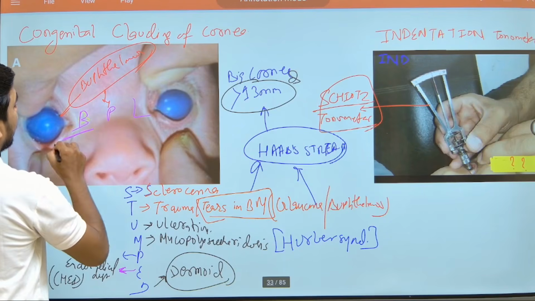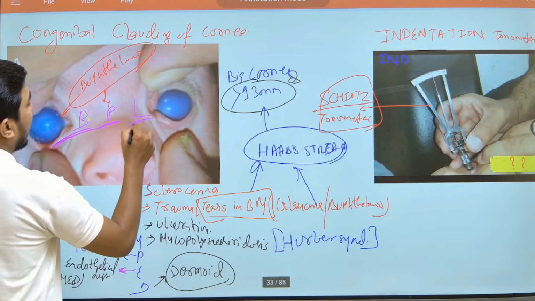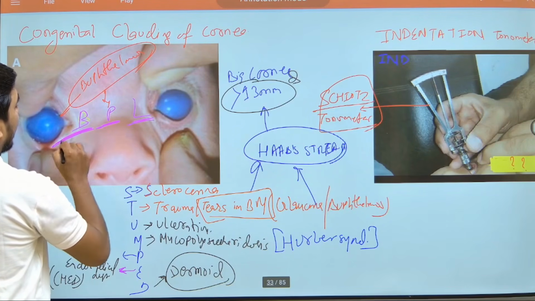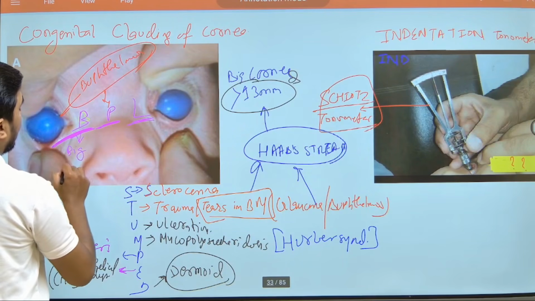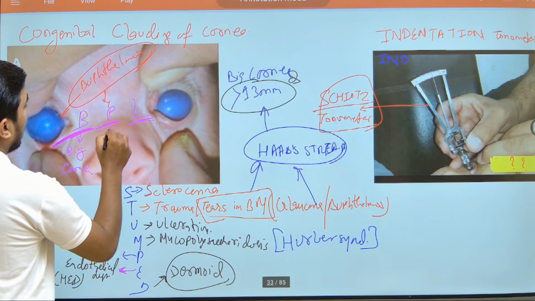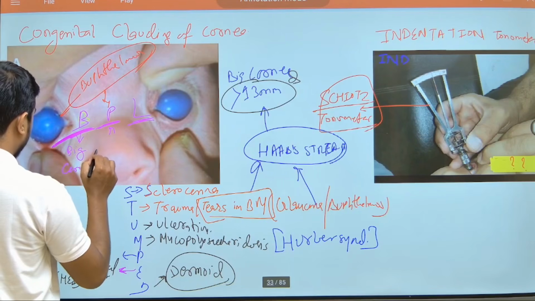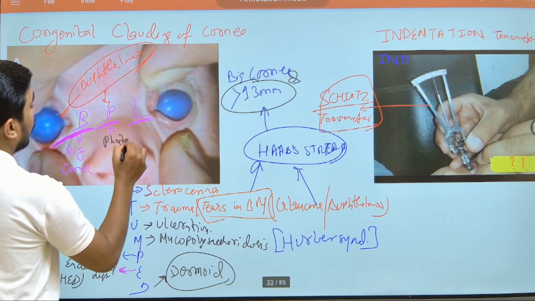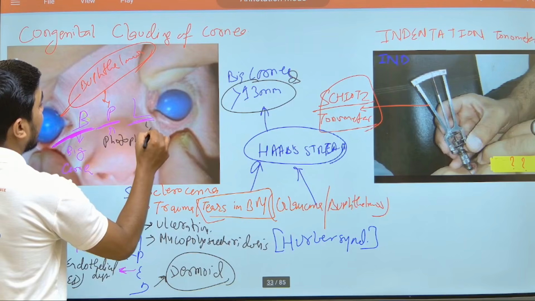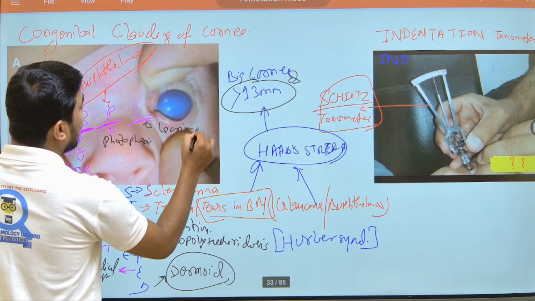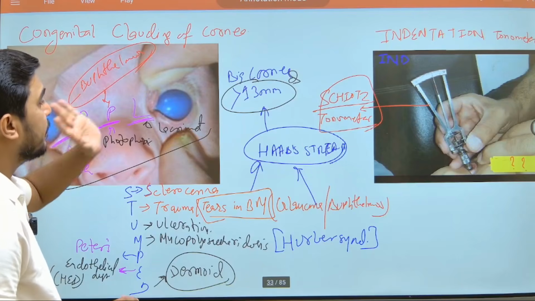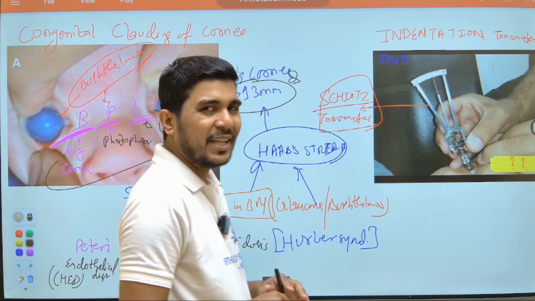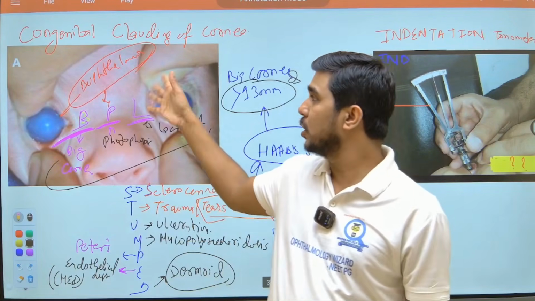BPL: photophobia, lacrimation, and big cornea. This is nothing but photophobia, and this is lacrimation. When you have this type of triad, then the answer will be buphthalmos. The rest you know, the examples and the causes.